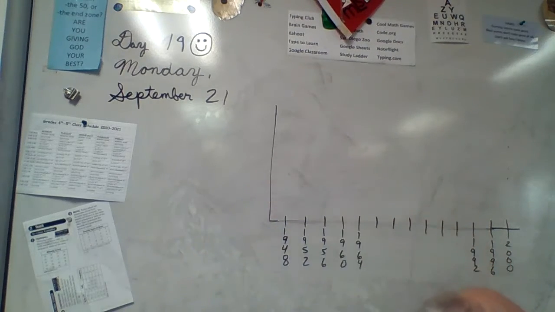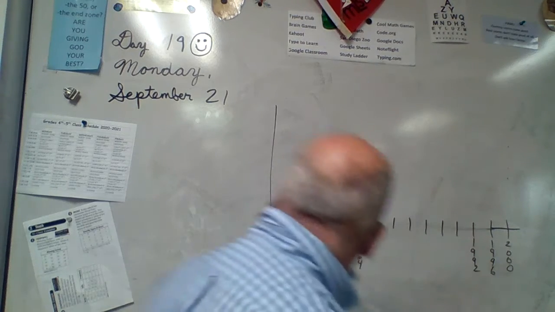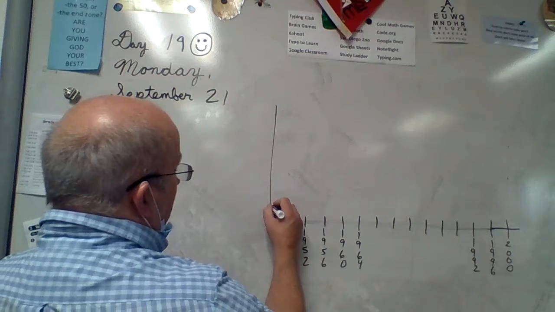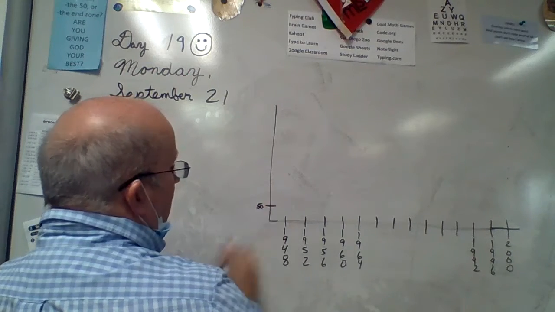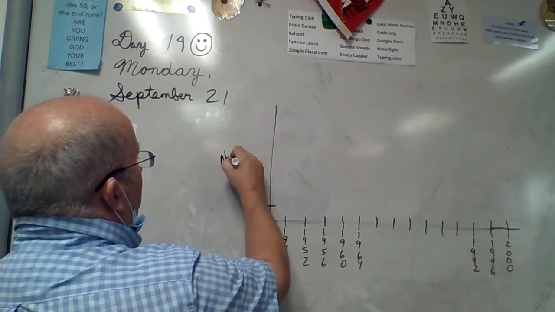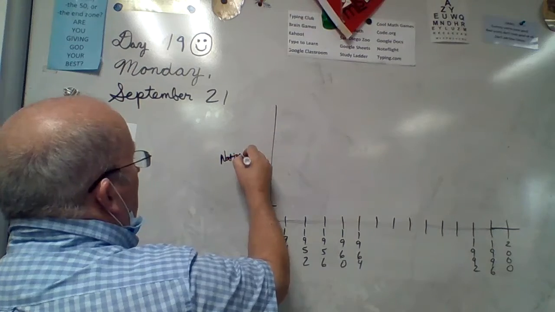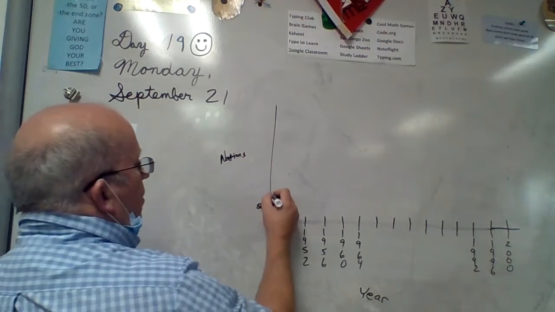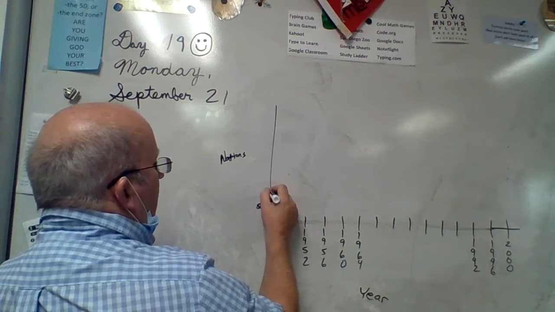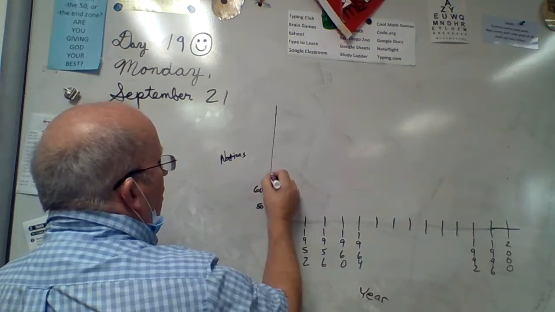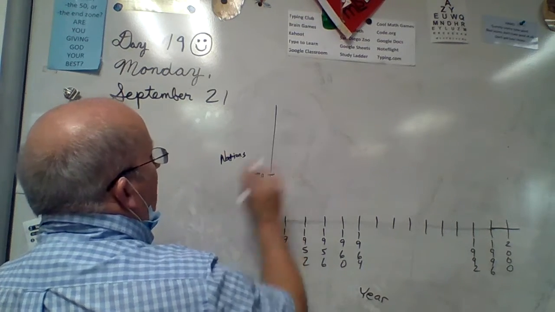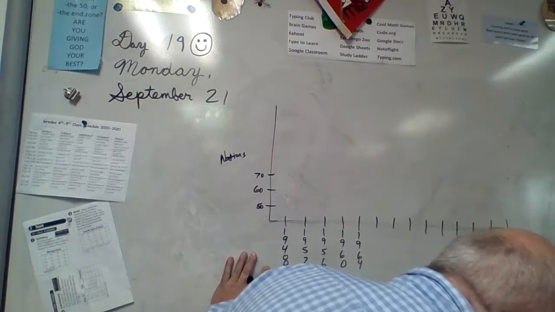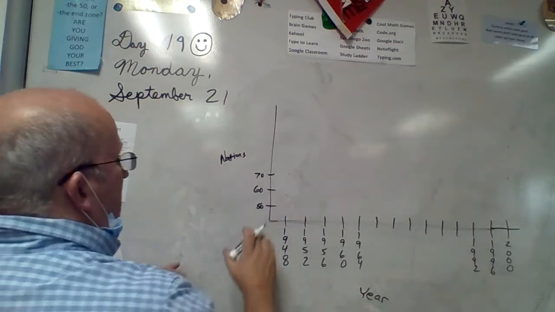Now, how about the numbers of nations? They're anywhere from 59 to 199. So I'm going to start here with 50. These are nations, and down here, of course, it's years. How about this will be 60, 70. I don't know if I'm going to have enough room. If I've got to get all the way up to 200, I don't think that's going to make it.